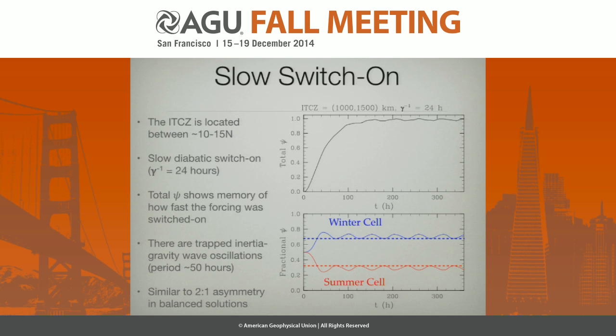And so there is memory of how that forcing was switched on, and the trapped inertia gravity waves in the bottom panel show that there are oscillations, but the oscillations are not too far away from the balanced results, and the asymmetries are close to the balanced solution. So there are a lot of possibilities here for how the atmosphere really would oscillate in response to the diabatic forcing.